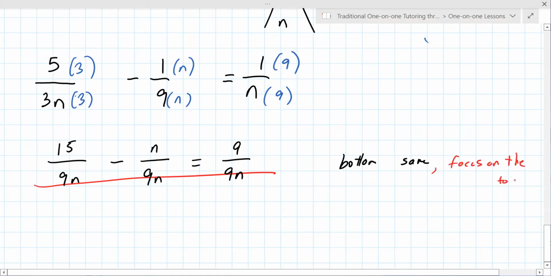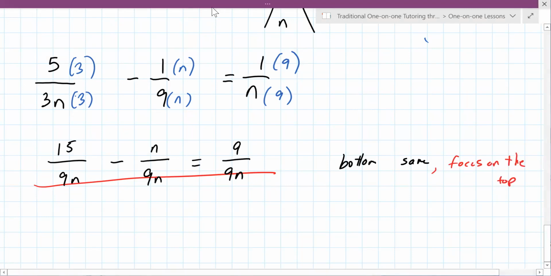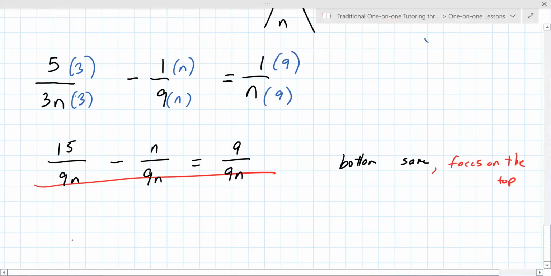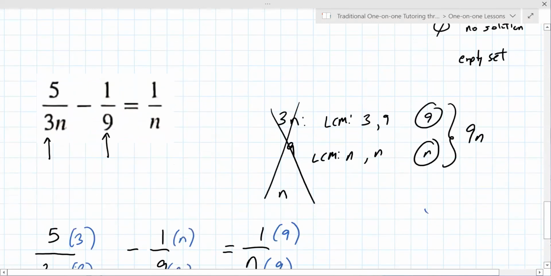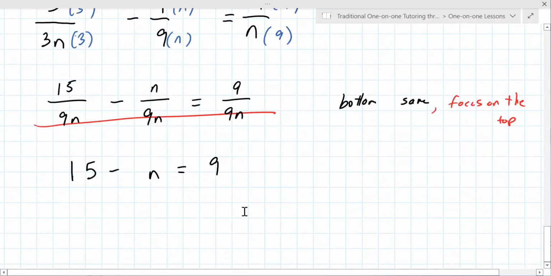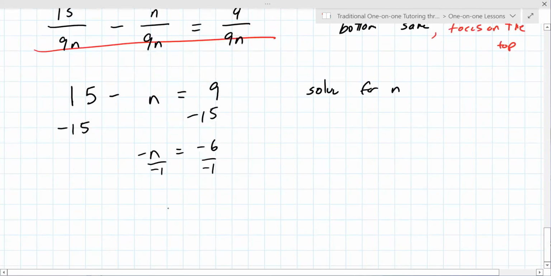Hopefully, you see the value in this. So it becomes 15 minus n equals 9. We've reduced this very complicated thing into something that's not very complicated, and we need to solve for n. We would subtract 15 from each side and then divide by negative 1. So n is 6.